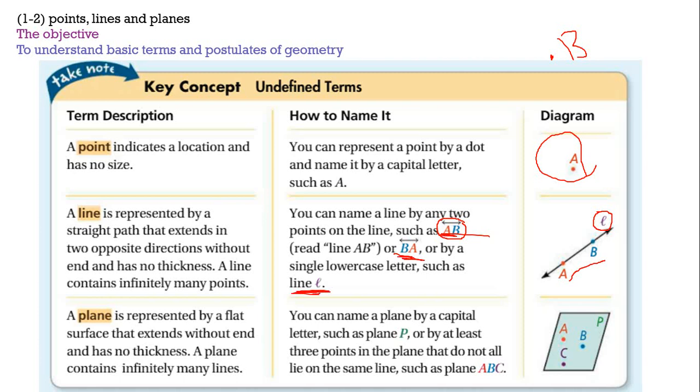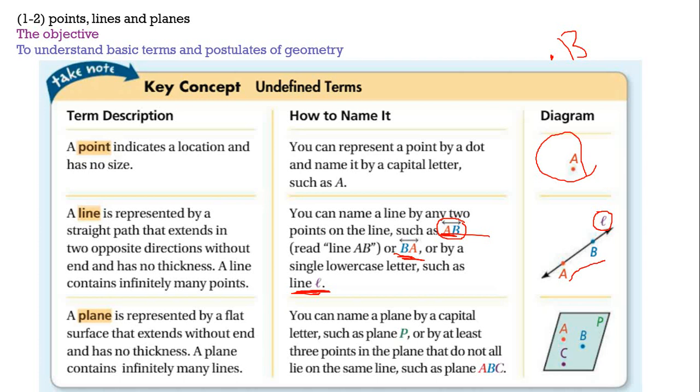Now, a plane is represented by a flat shape like this. A flat surface that extends without end and has no thickness. A plane contains infinitely many lines.